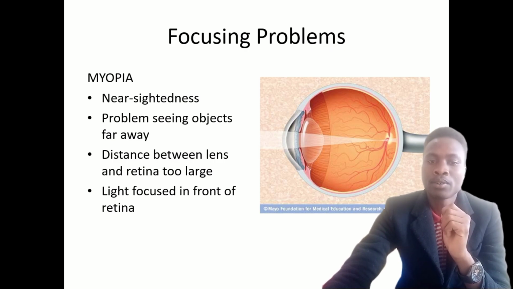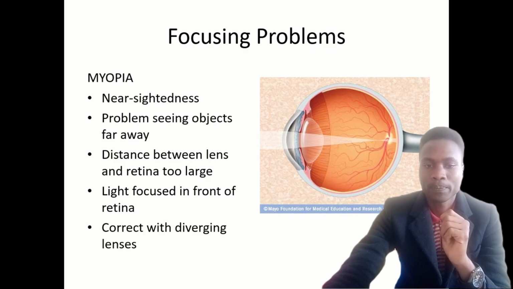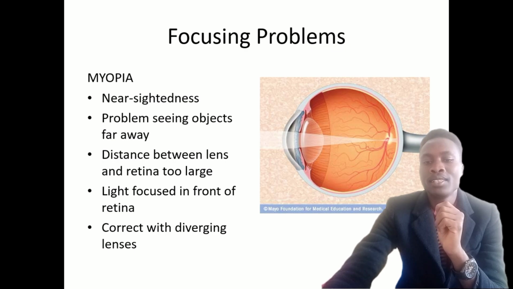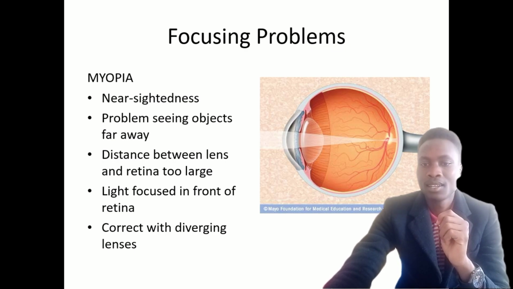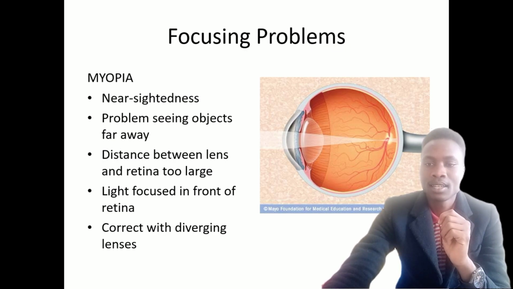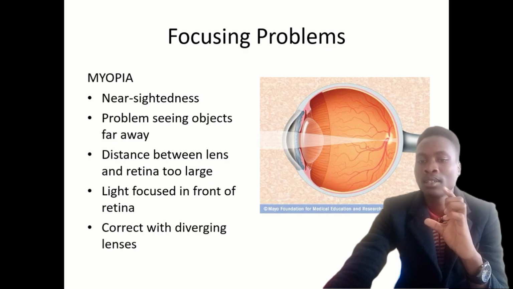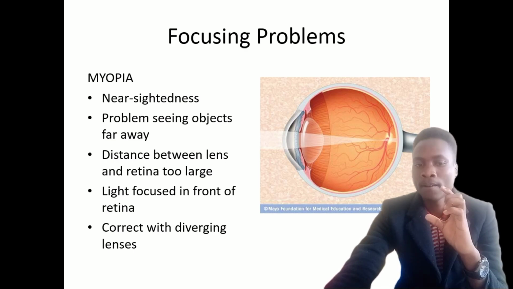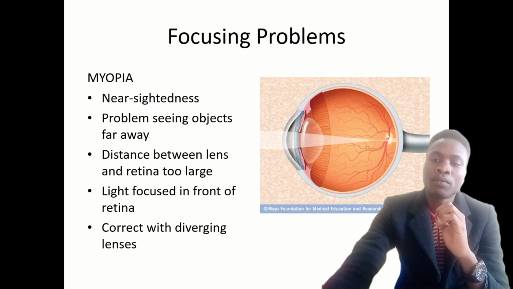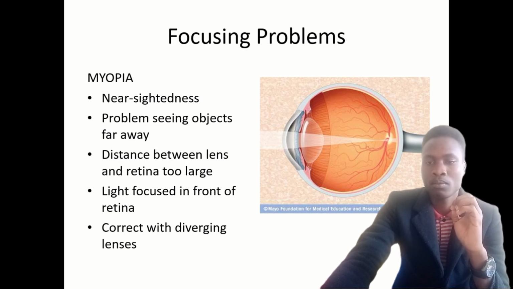Light is focused in front of the retina. This can be corrected by using diverging lenses. Diverging lenses spread the rays from an object so the image is formed on the retina, where it should be formed.